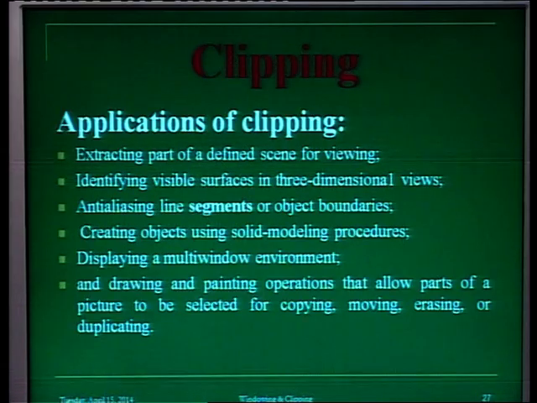Aliasing is what? Unequal brightness may be there. There are a number of factors which we can make sure will not happen in our display by use of clipping. Then creating objects using solid modeling procedures and displaying a multi-window environment.